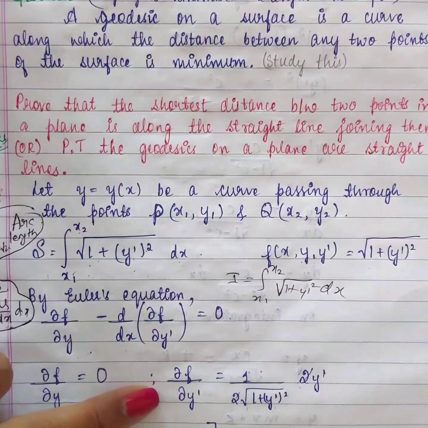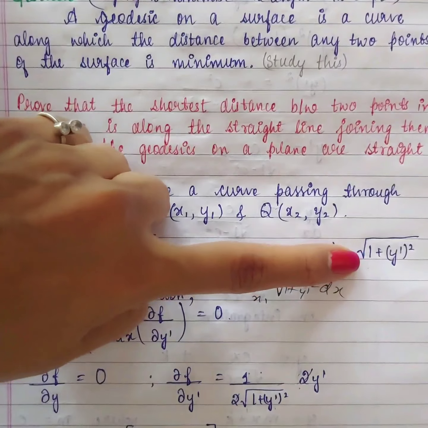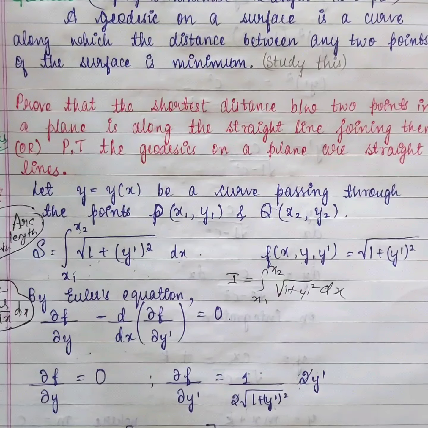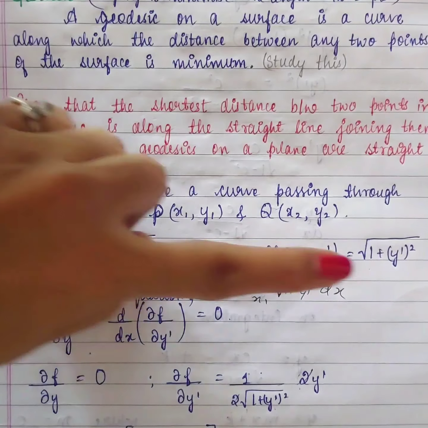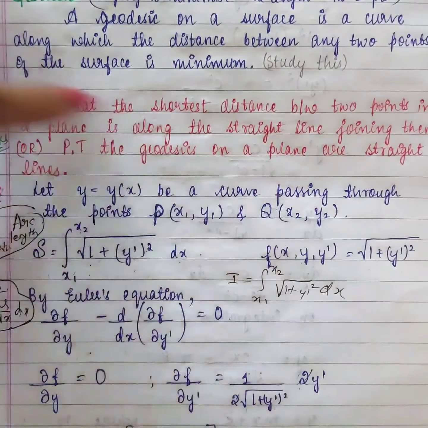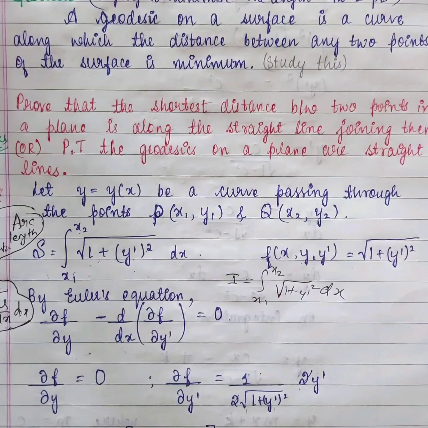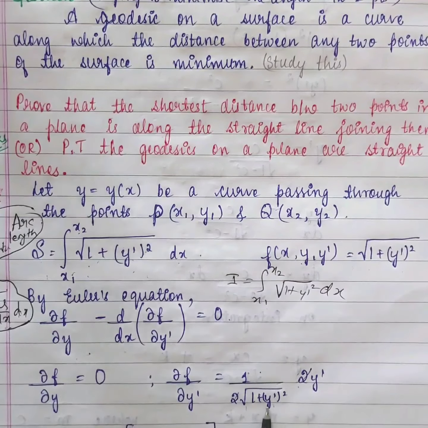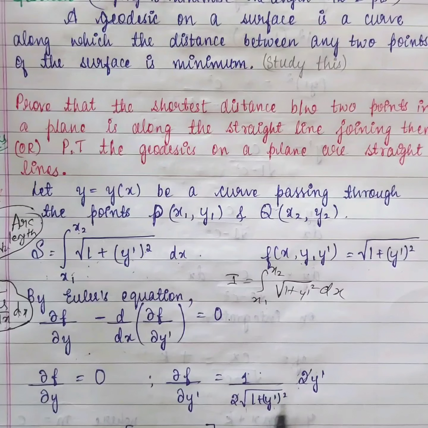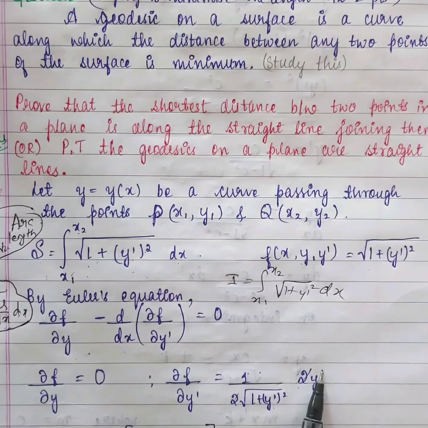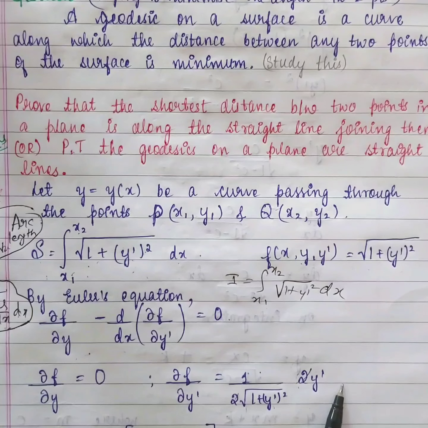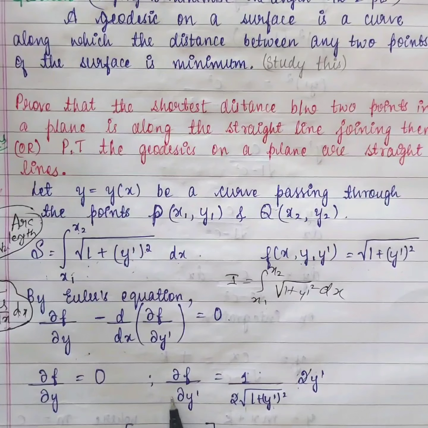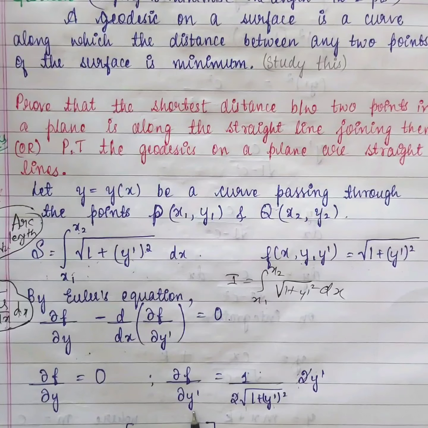And then del f by del y dash: root of 1 plus y dash square, if I differentiate, gives 1 by 2 into root of 1 plus y dash square, and the derivative of y dash square is 2y dash. We are not supposed to write y double dash, because please keep this in mind, we are partially differentiating.